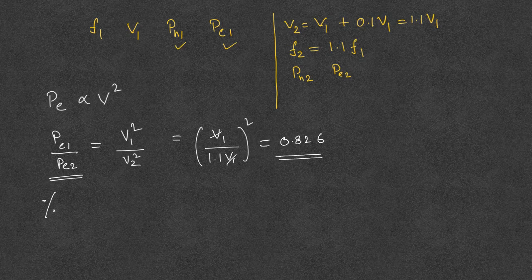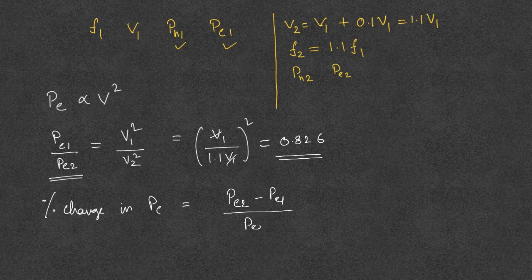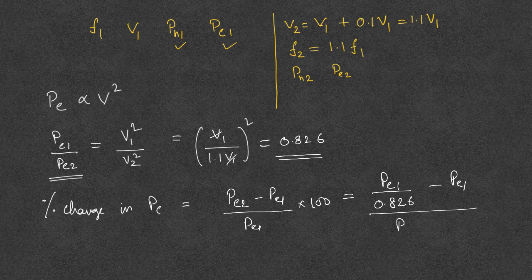Now how do you find the percentage change in the eddy current losses? This is given by PE2 minus PE1, divided by PE1, into 100. So this will be equal to PE1 divided by 0.826 minus PE1, divided by PE1, into 100, which will give you the percentage.